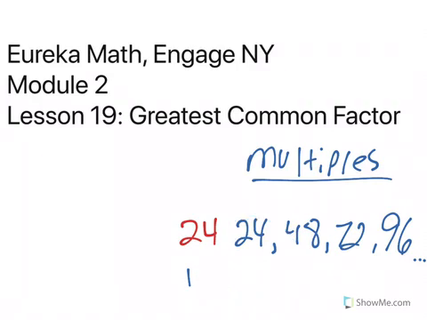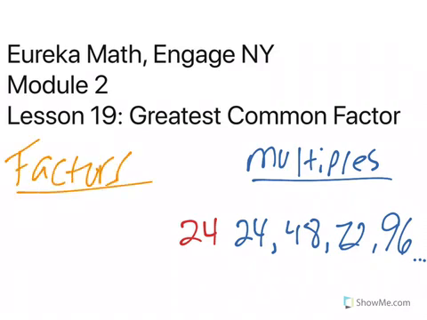Now, looking at factors is something completely different. Factors factor into the number. So they're all the numbers that can be multiplied by another number to equal this number. So 1 times 24 equals 24.